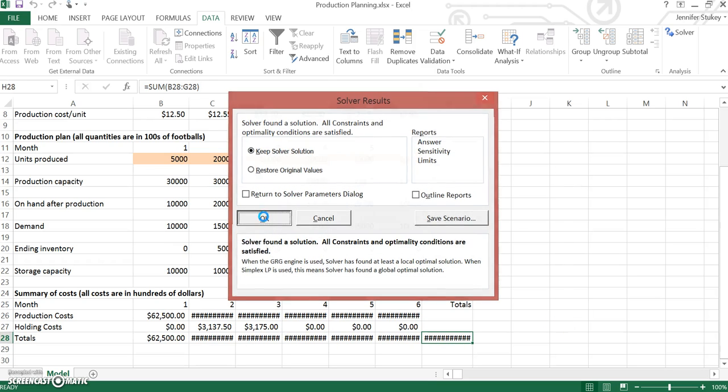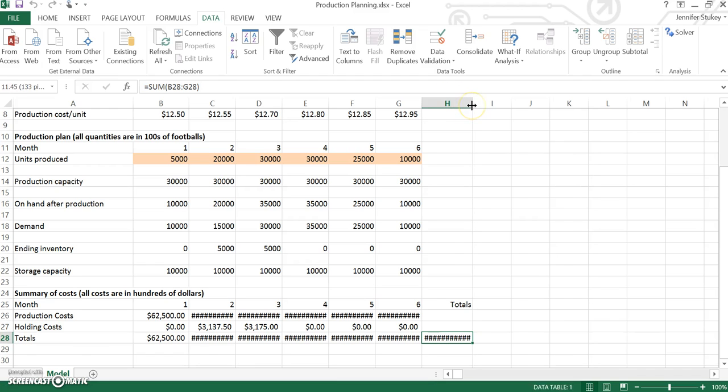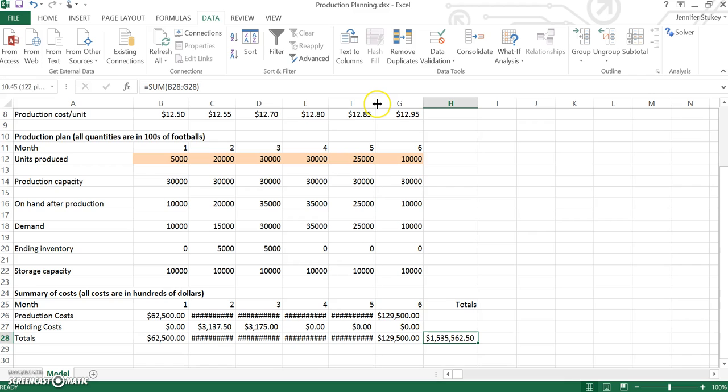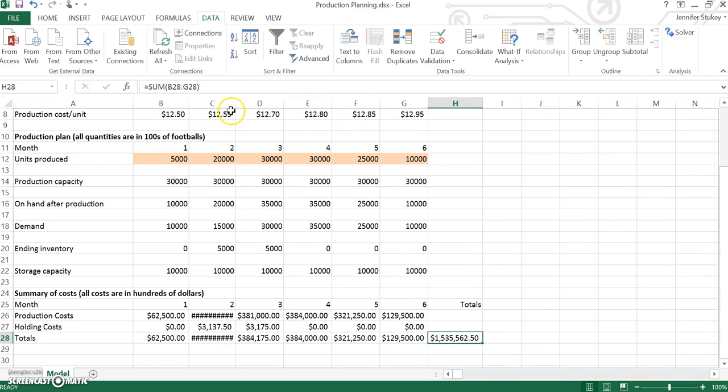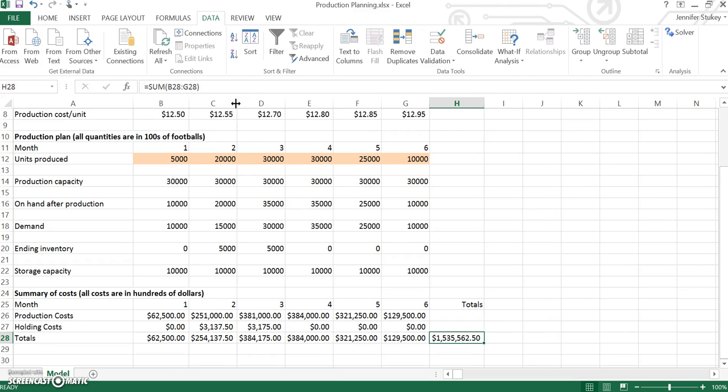All right, so again, we need to make these a little bit bigger. Okay, now we see that our best case scenario is that our costs are minimized at roughly 1.5 million.